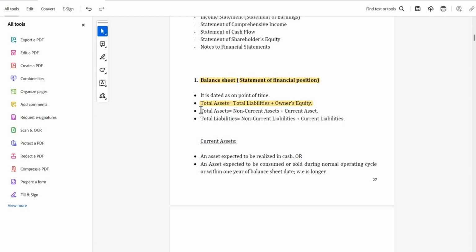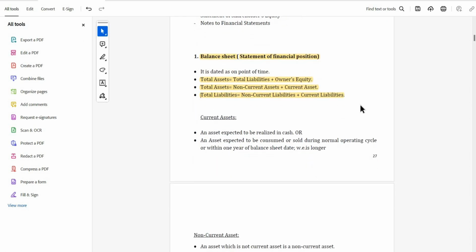Or we can also say total asset is equal to non-current asset plus current asset. This is the debit side and credit side, and here we are bifurcating the debit side only. Total asset is equal to total non-current asset plus total current asset. Total liability, how do we bifurcate the credit side? Total liability is equal to non-current liability plus current liability.